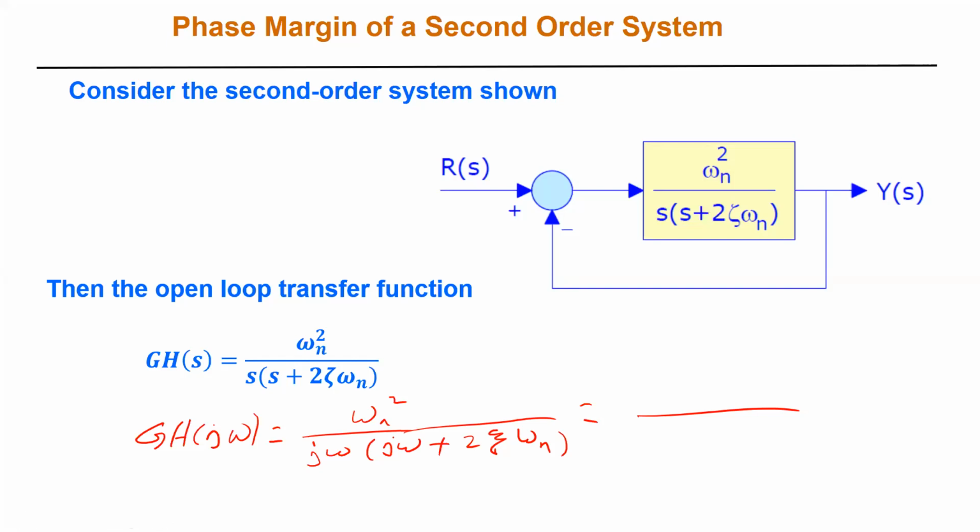Yes, the magnitude will be omega n square over root omega square, multiplied by root omega square plus 4 zeta square omega n square. And the phase will be minus 90 minus tan inverse omega over 2 zeta omega n. Thank you, Abdurrahman.